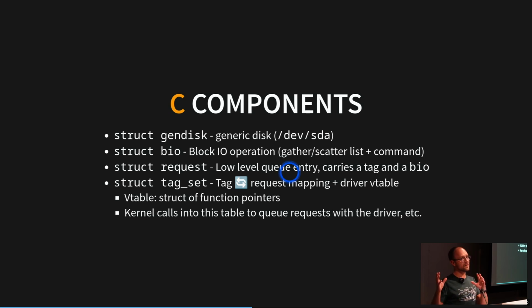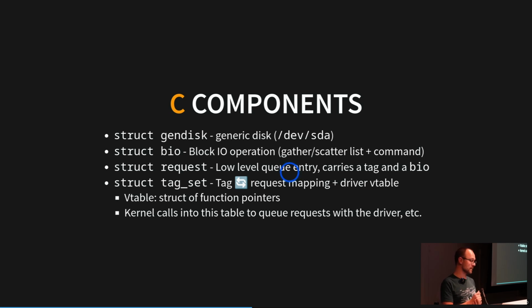Taking this architecture into account, the C components that the Rust abstractions are going to wrap are these I put here. We have something called a gen disk. It's short for generic disk, and there is one of these structures backing every block device in Linux.